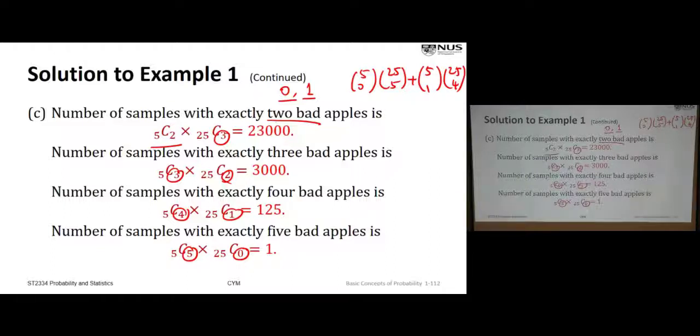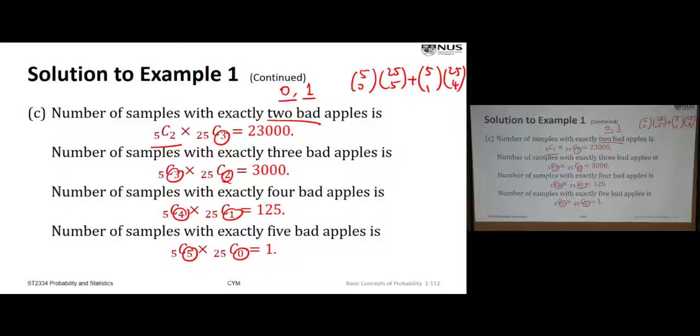What does this sum represent? It represents the number of samples of size 5 with either 0 bad apples or 1 bad apple in it. Right? But this is not what I want. I want exactly the opposite, the complement of it. So I have to subtract this number from all possible samples that I can have.